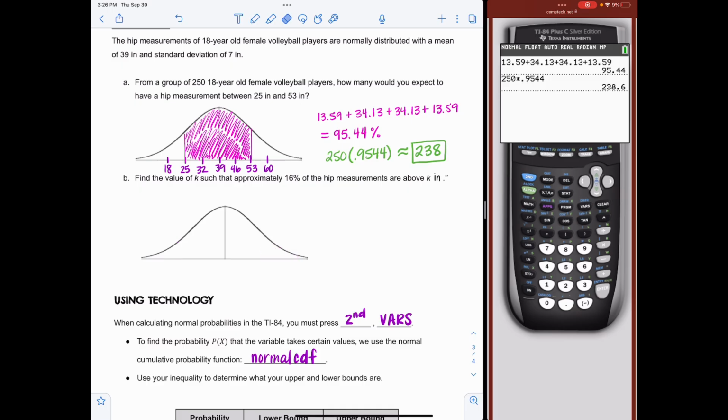So I'm going to rewrite my numbers here, and then we're going to draw it out.